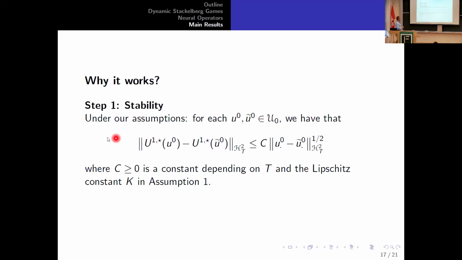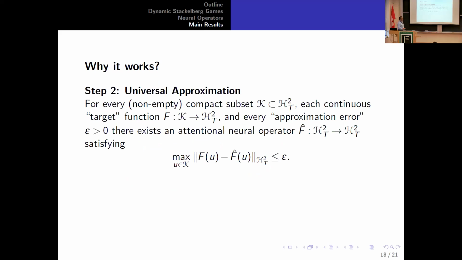The second is a key part, the universal approximation: any target map can be approximated by an attentional neural operator at any desired accuracy.